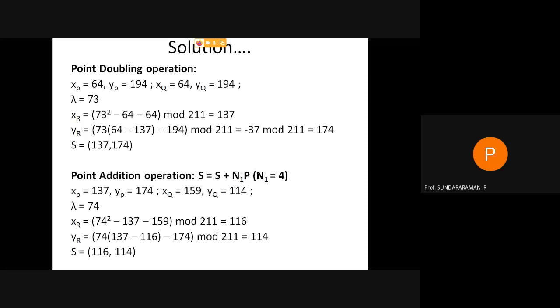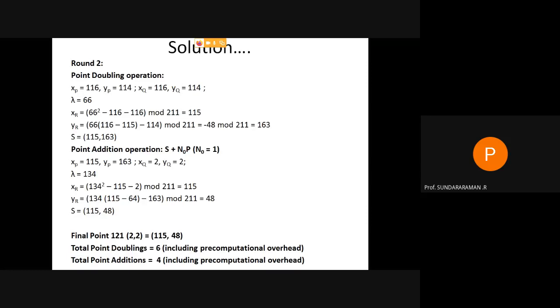Now for the given chosen scalar, we have to perform 2 window multiplication operations. After that, only one final bit computation, final bit multiplication. So the final bit is 1 here, as I already told you. If the final bit is 1, you perform 1 point doubling and 1 point addition. If the final bit is 0, perform only 1 point doubling, because the value is 0.